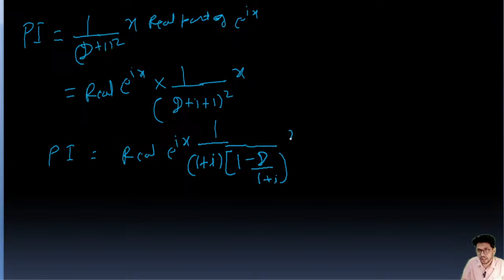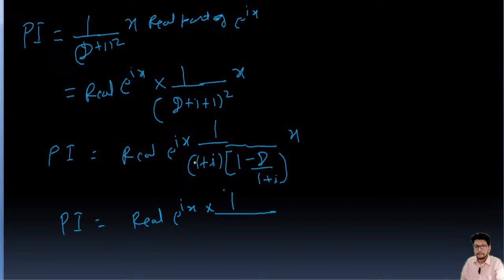Okay, so the PI is going to be the real part of e to the power iota x into 1 upon (1 plus iota) whole square, we'll take common, right?